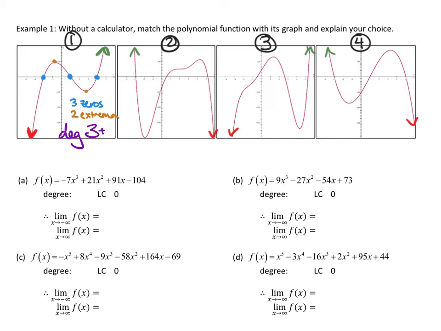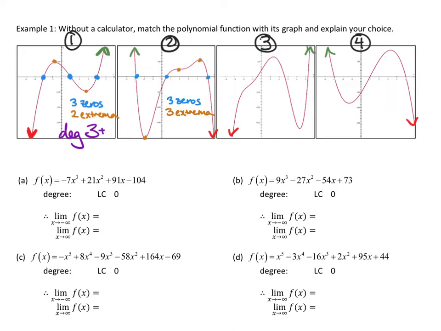If we look at the second graph, we see that it has 1, 2, 3 zeros as well, and we have 1, 2, 3 extrema pieces showing. So again, that means we have at least 3 zeros and we have at least 3 extrema.